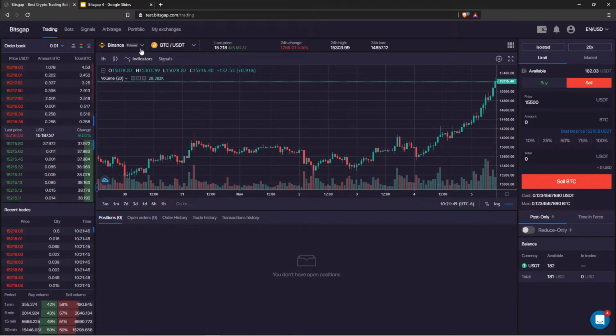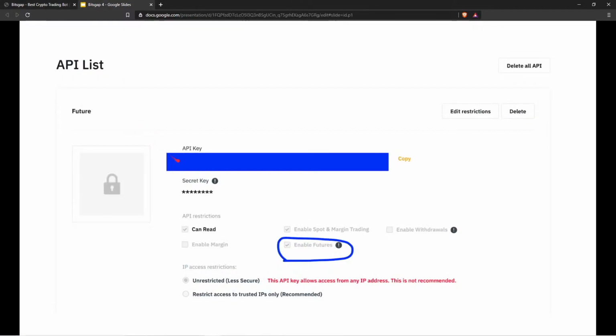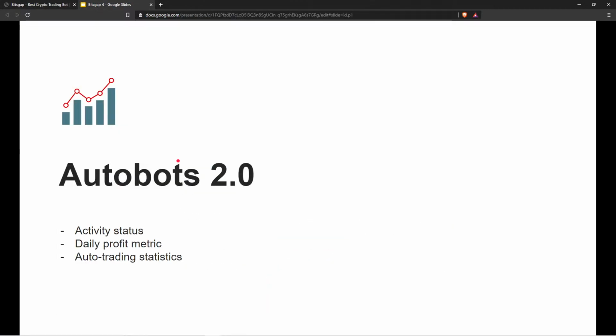And just to remind, we are working on this section, and new instruments will be added with time. So be patient, and you will be notified of other future updates as soon as they come. So now let's move on, and it is time to switch to the Autobots.